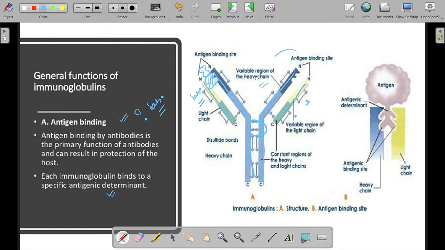In high resolution, we will find the structure of the antibody which combines with the antigen like this. This is the antigenic determinant, this is the antigen binding site, and this is the heavy chain and this is the light chain. That's why each immunoglobulin binds to specific antigenic determinants, because they have specific shapes.